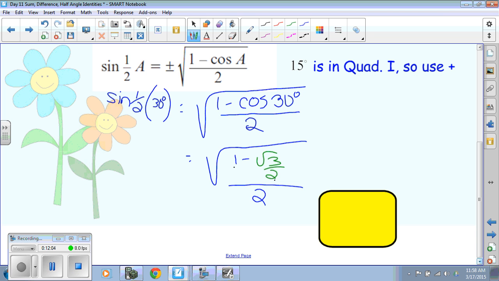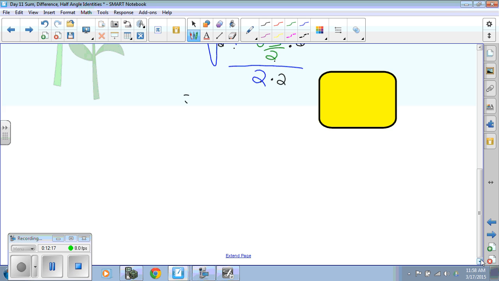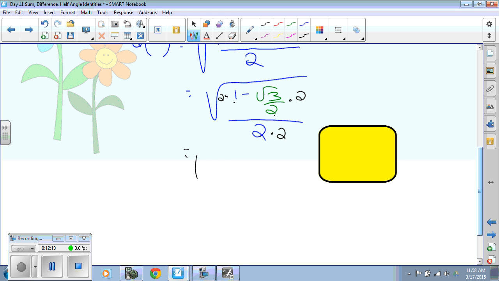So look at all the denominators. What's the LCD? 2. So I'm going to multiply this by 2, multiply this by 2, multiply this by 2. So I get the square root of 2 minus radical 3, all over 4.